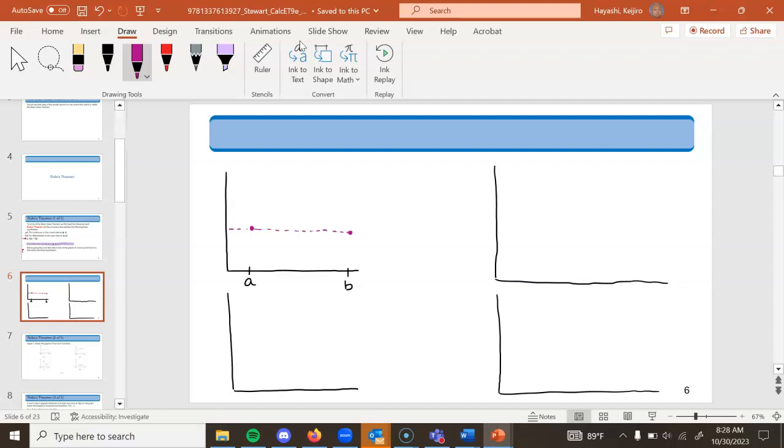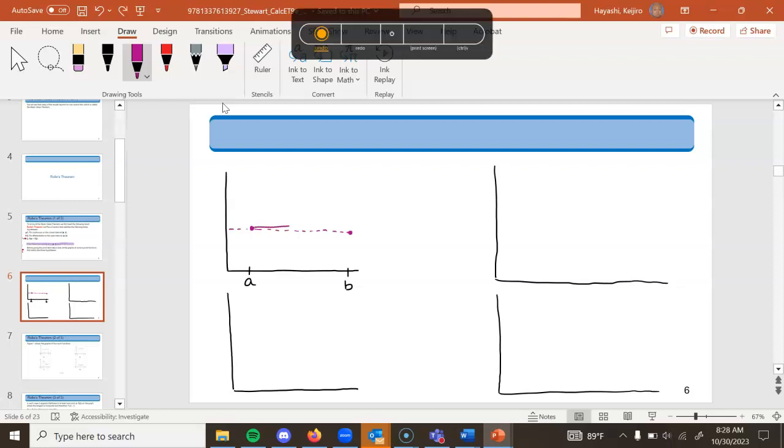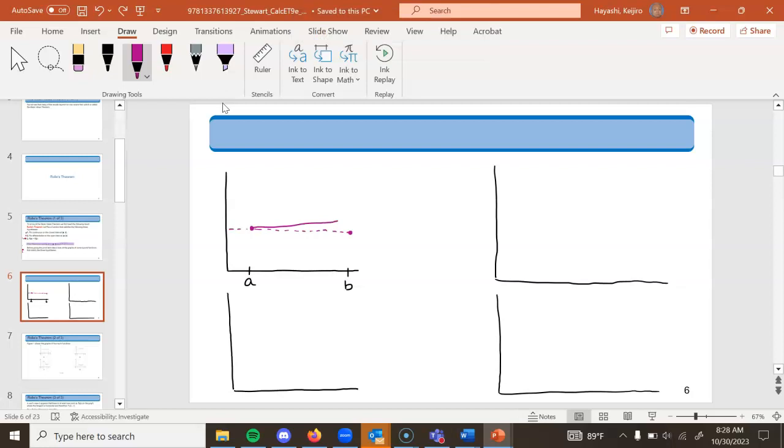It doesn't matter what, as long as it's continuous and differentiable. Whatever function you drew, there should be some sort of turning point. Either it's completely flat, or if it's not, there's some turning point where the derivative would be 0.